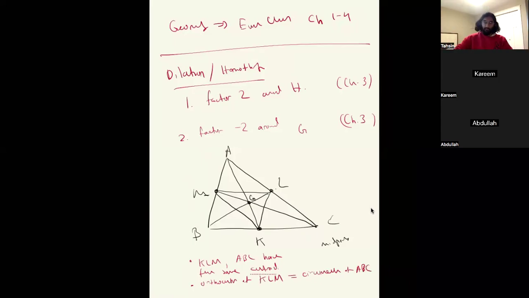So do you see why this is true? I'm saying the orthocenter of KLM and the circumcenter of ABC are the same point. So do you see why that's true?